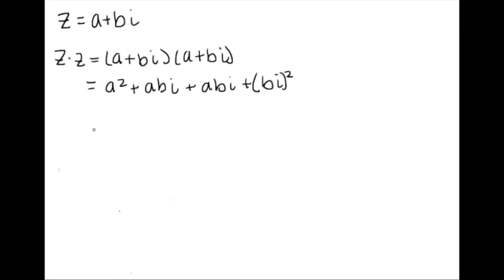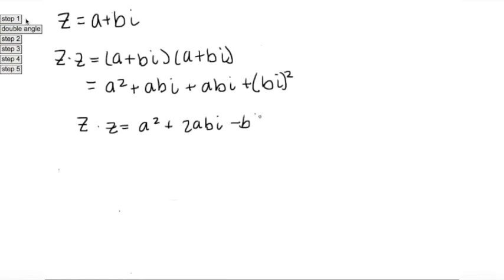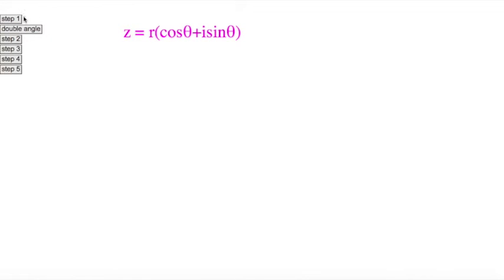We saw earlier that i squared equals -1. So now we have that z times z equals a squared plus 2abi minus b squared.